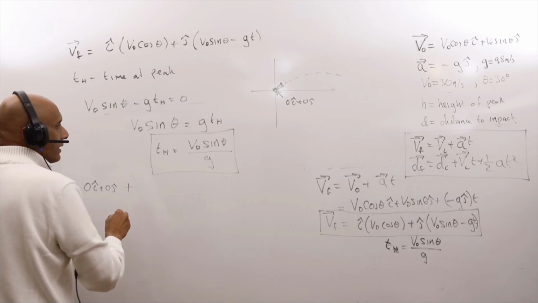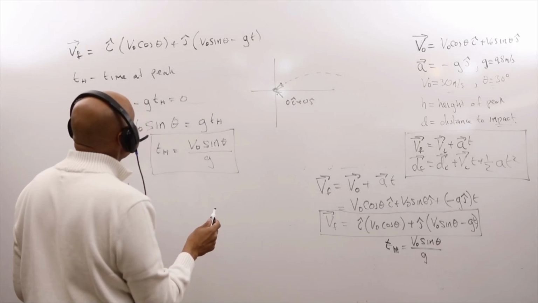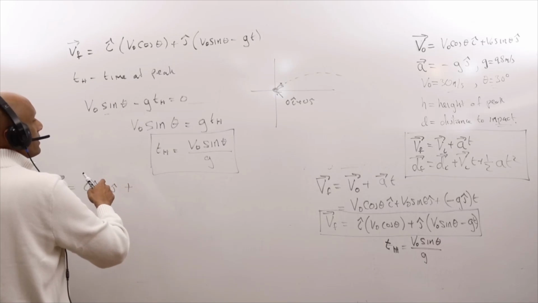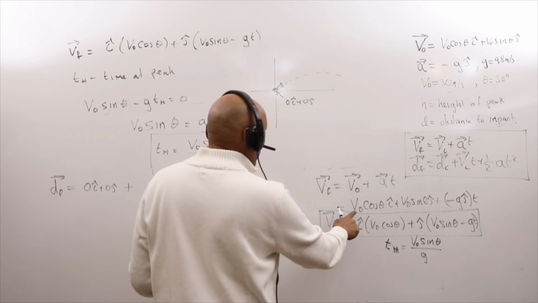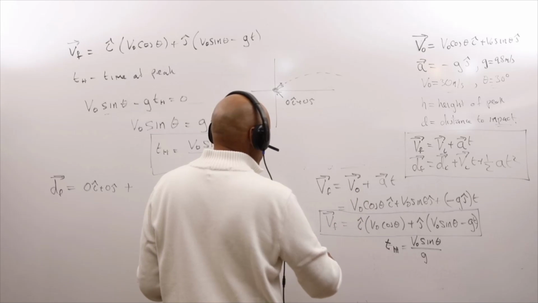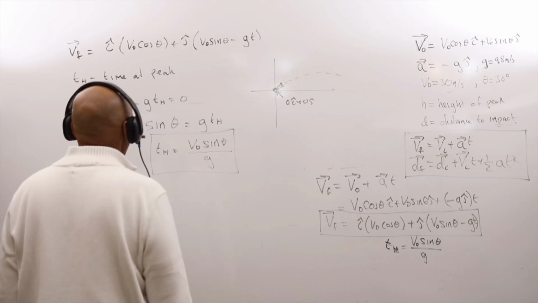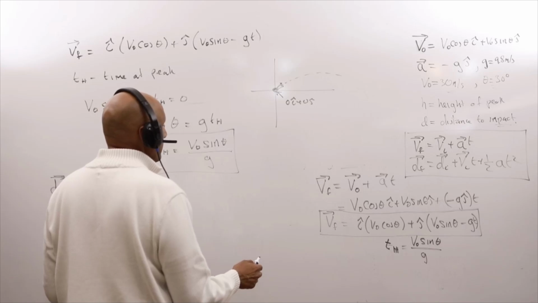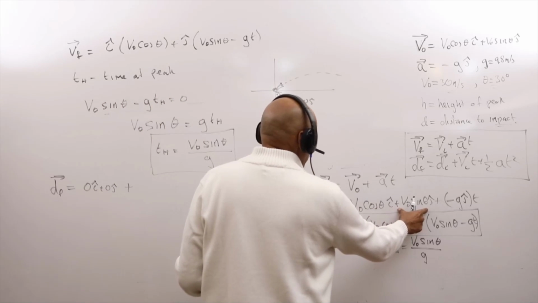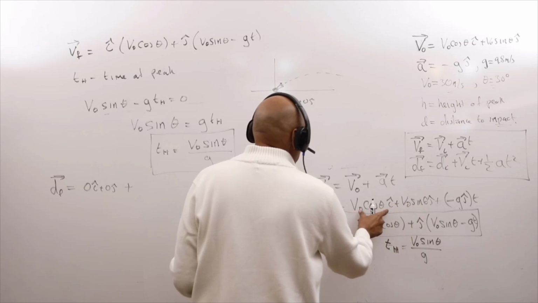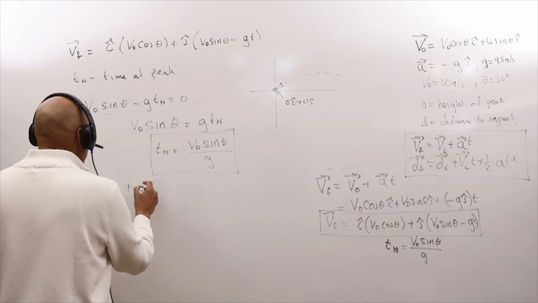What is the initial velocity? Well, we already know what the initial velocity is. Actually, did I write it down somewhere? Well, we can calculate it over again, but it's this component, V0 cosine theta and V0 sine theta. I should have written it down separately, but it's V0 cosine theta, and so let's write it out.